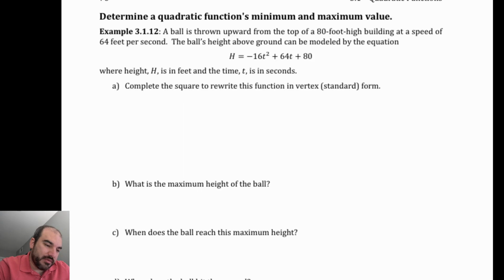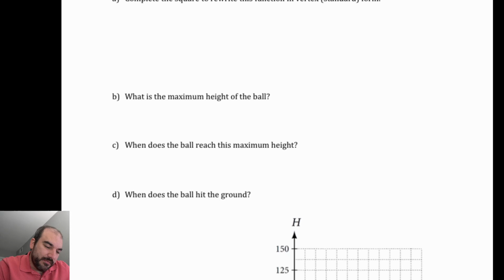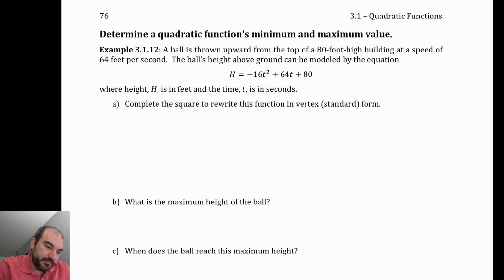Determine the maximum or minimum. We complete the square. So to determine maximum or minimum value of a quadratic, we have to write it in something called vertex form.